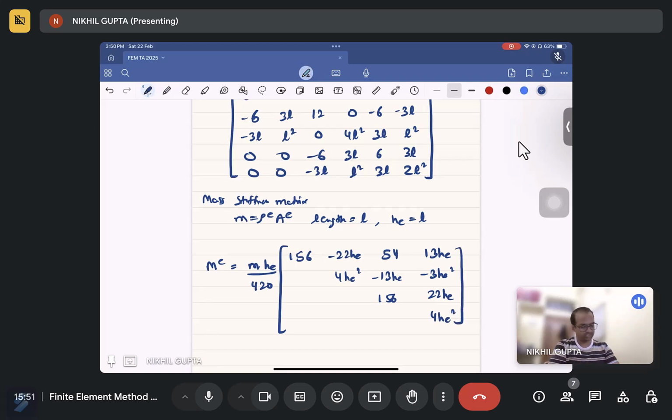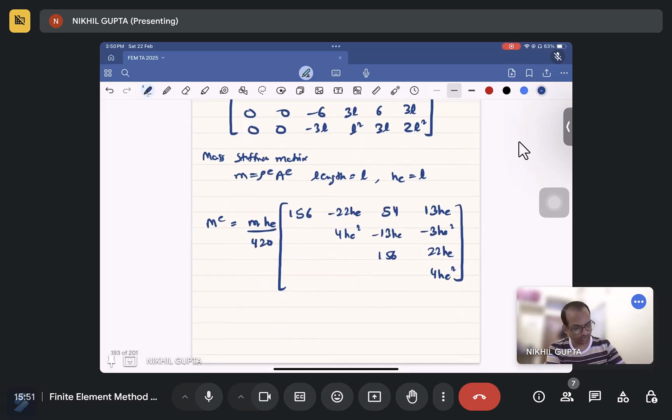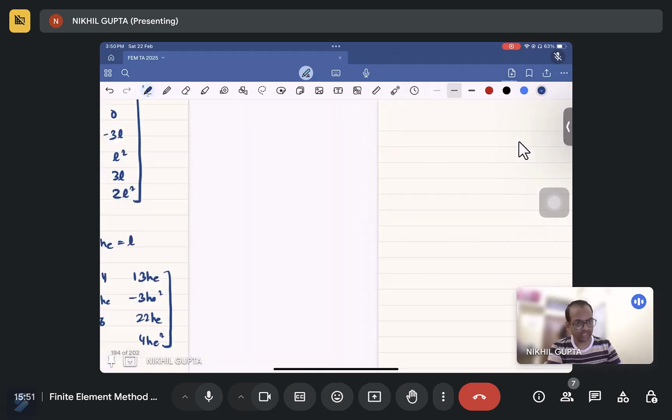So this is the general mass matrix which you get by solving this equation, and it is covered in your theory class.